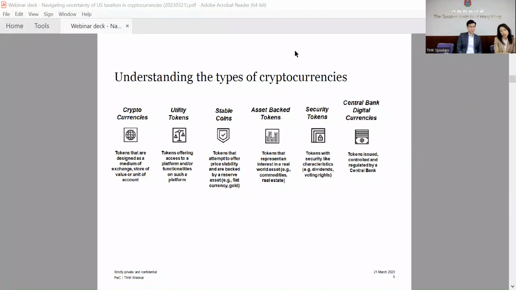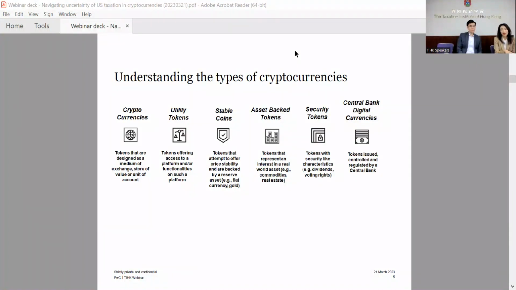Another type is security tokens. Basically, it gives you rights similar to a security or stock, where you can vote. There's not really dividends, but there are some kinds of rights attached to it beyond just using it to buy something, to pay for something, or to exchange for another item.